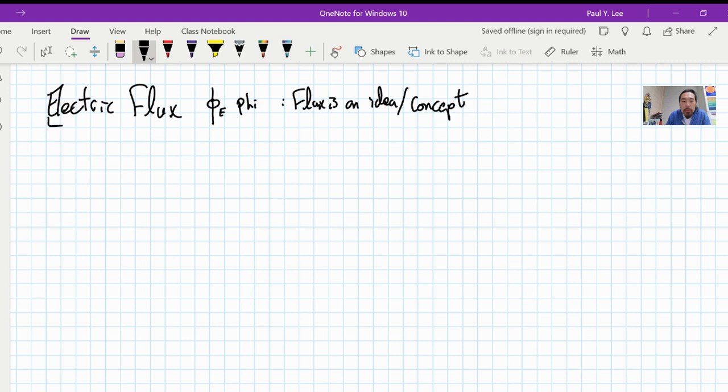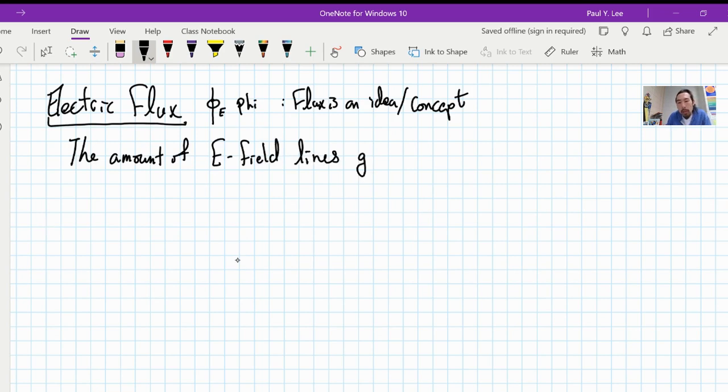Now, the general definition of flux is the amount of, because we're doing electric flux, E field lines going through an area. I'm going to capitalize area.